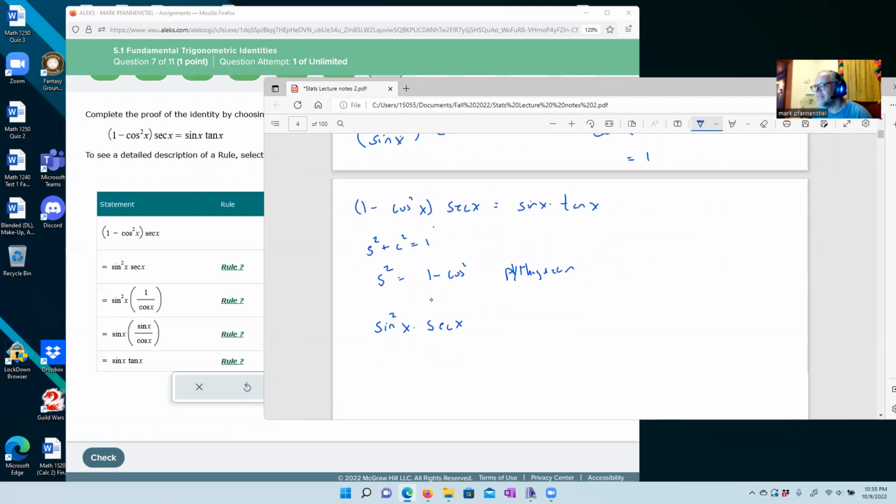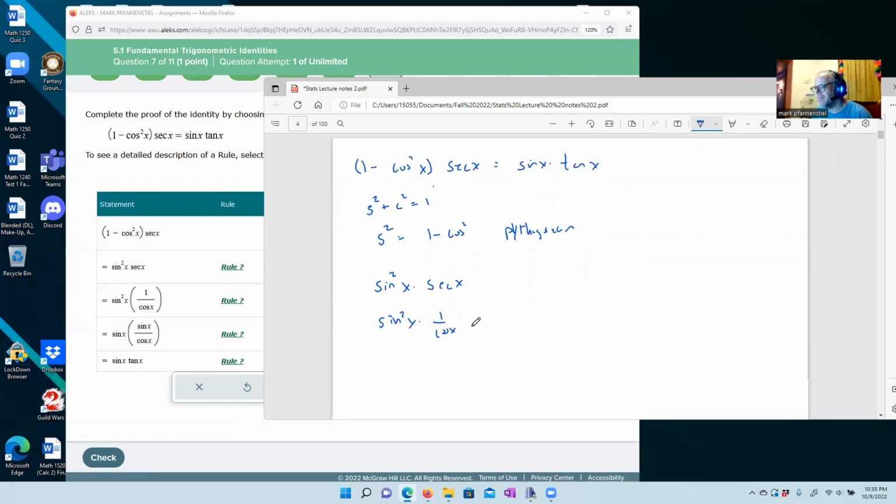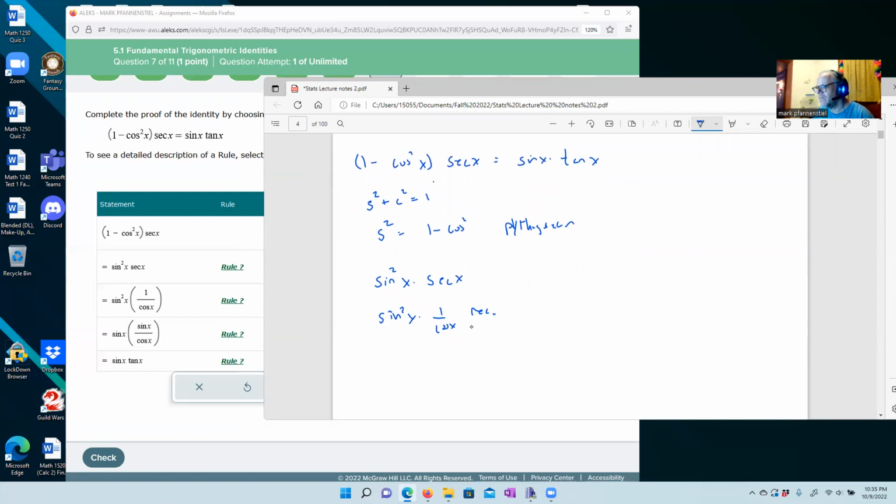Secant is going to be 1 over cosine, so we have sine squared x times 1 over cosine x. This was a reciprocal. So we have sine x over cosine x, because that's how fractions work, times 1 over cosine x.